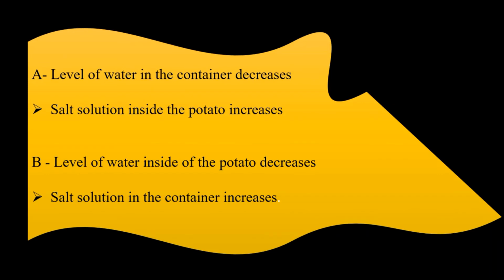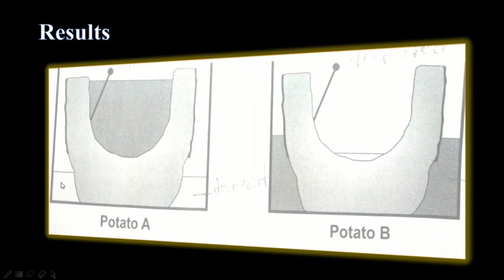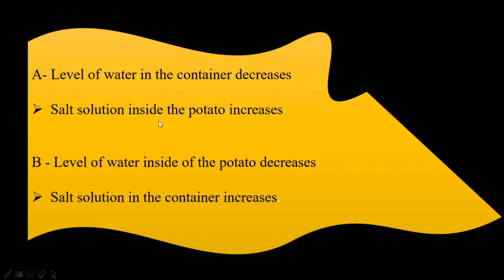All right. And then now let's interpret our results. What happened? We are told that in beaker A, the level of water in the container decreased, of which we saw. The level of water in the container actually decreased, whereas the level of our salt solution in the potato actually increased. And then because now the level of our salt solution increased, we know that our salt solution will be more diluted.